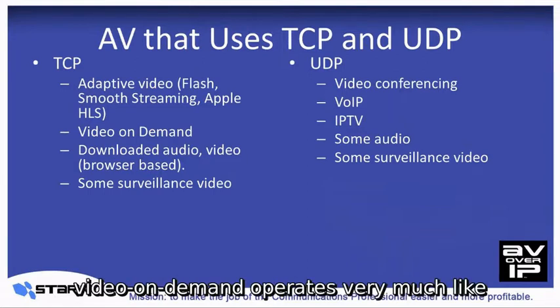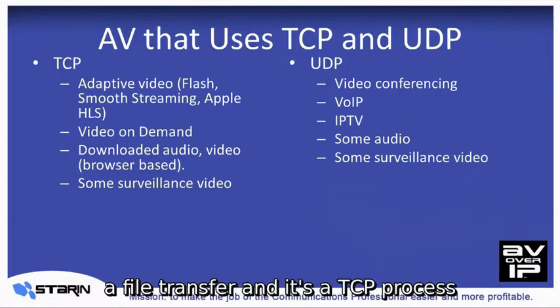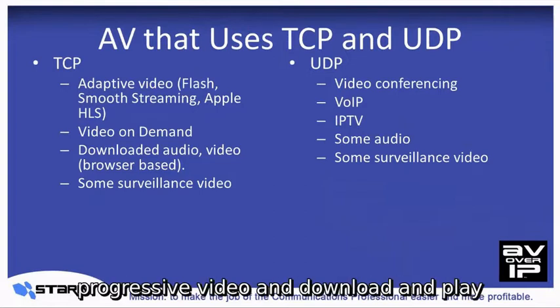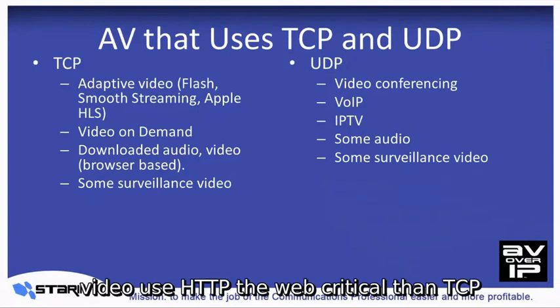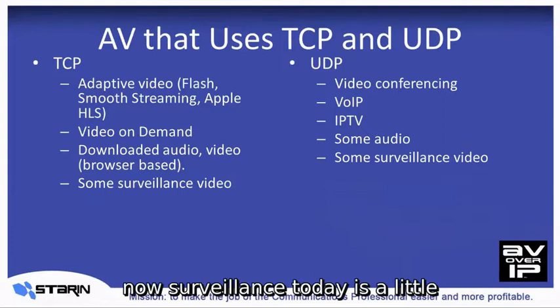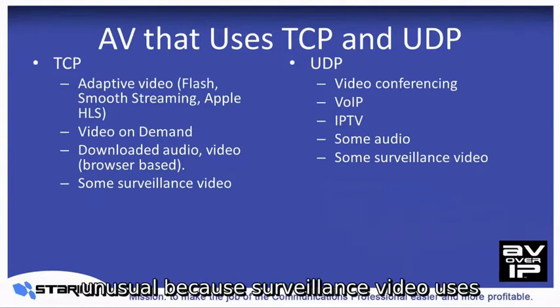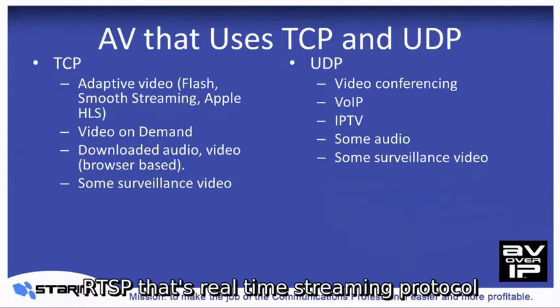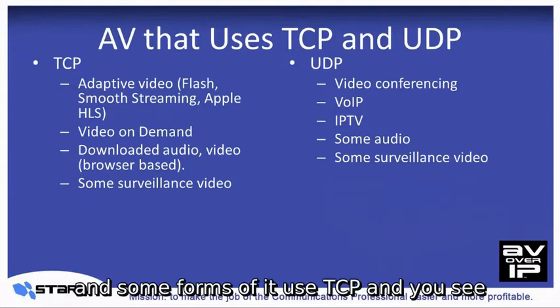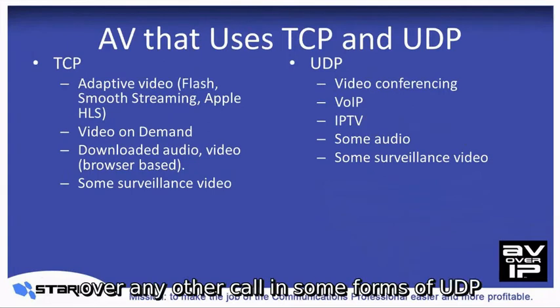Video on demand operates very much like a file transfer, and it's a TCP process. Progressive video and download and play video use HTTP, the web protocol, and TCP. Now, surveillance video is a little unusual because surveillance video uses RTSP, that's real-time streaming protocol, and some forms of it use TCP, and you see over in the other column, some forms of it use UDP.